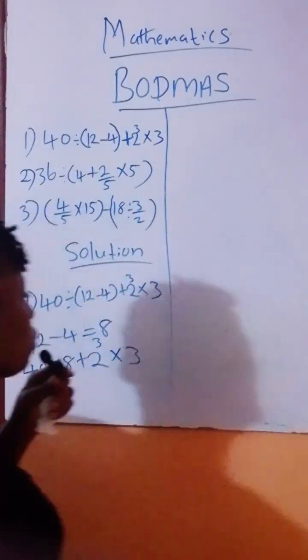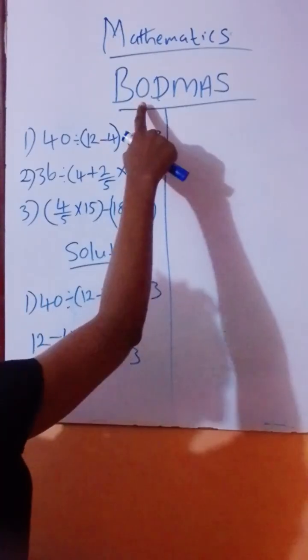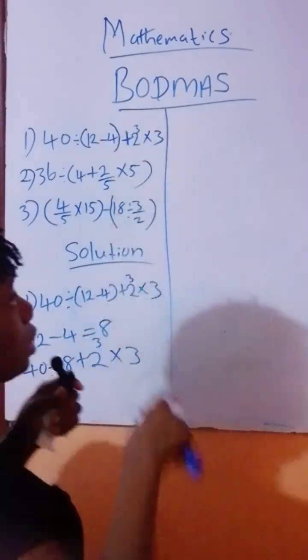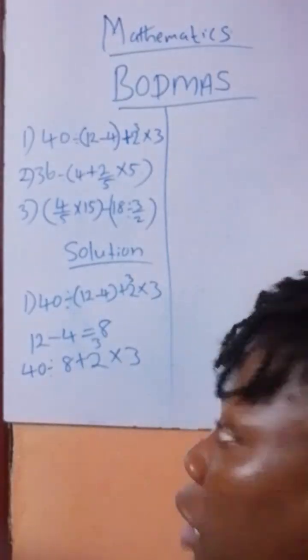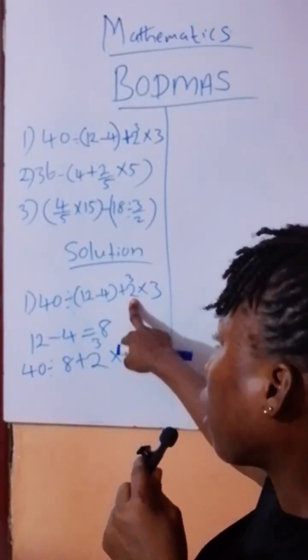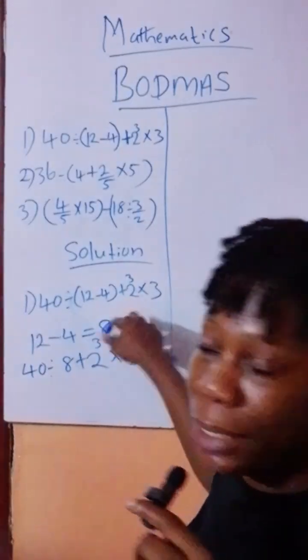The next thing to do is the power, because I said that the order can either be root or power. So we'll be solving the power first, which is 2 raised to power 3.